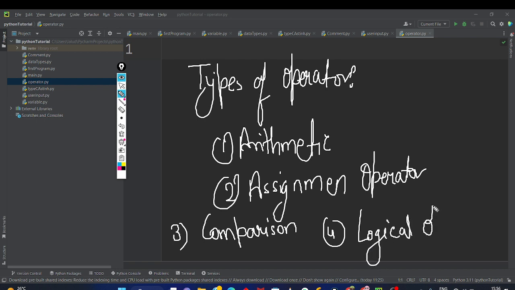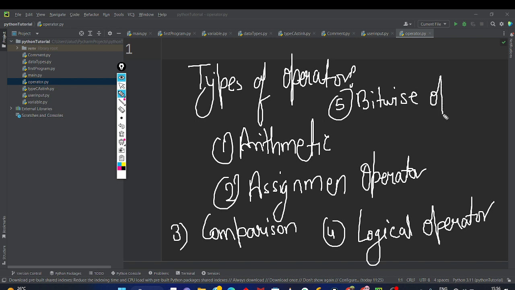We are going to see them one by one, so you don't have to be worried about anything. And then the bitwise operator, and a few more are there. Basically, these five are the main and most important operators which we are going to use many times.